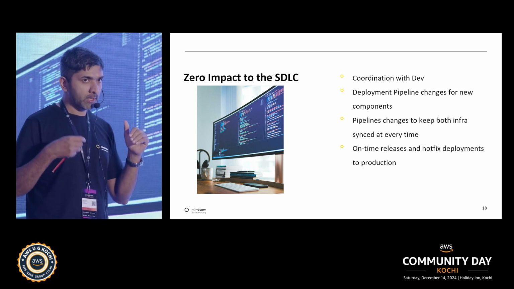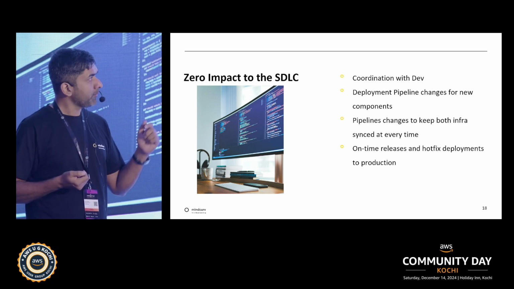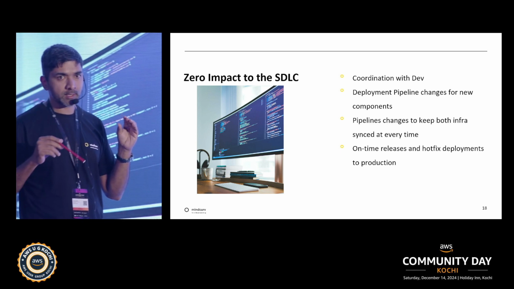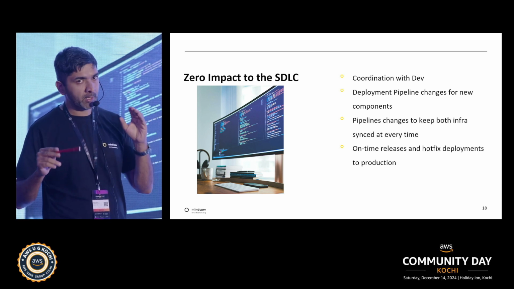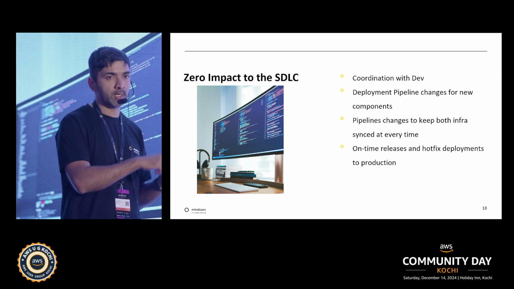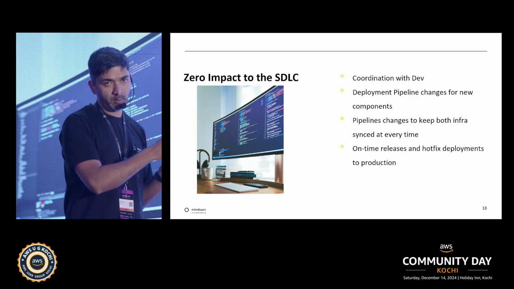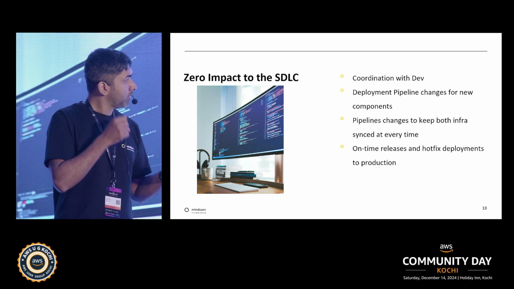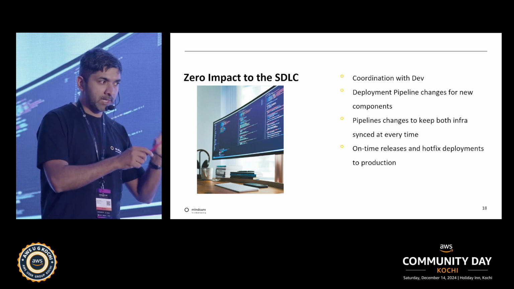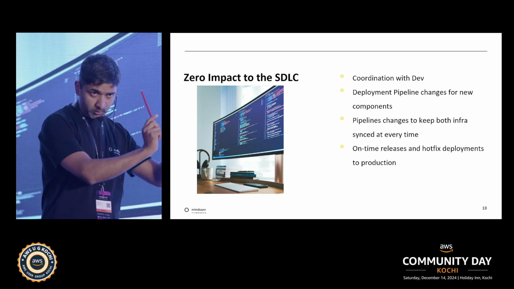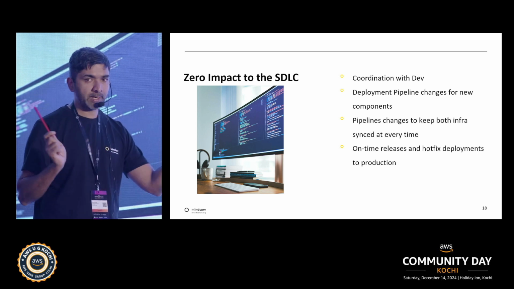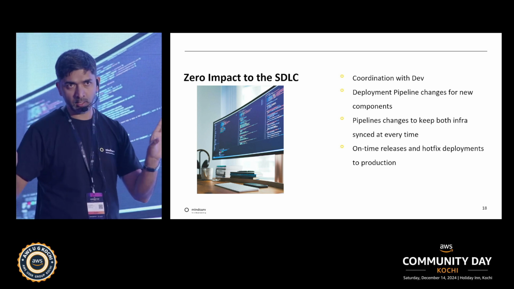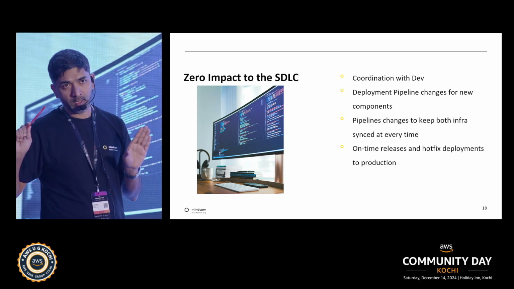We are using pipelines for the deployments, so we modified that pipeline so that the newer components and the testing happen only on the new infrastructure which we created in Spain, not on Ireland. For some other pipelines, we modified them to push the changes to both infra at the same time, so that we can ensure that whatever we have in Ireland is also happening on AWS Spain as well.